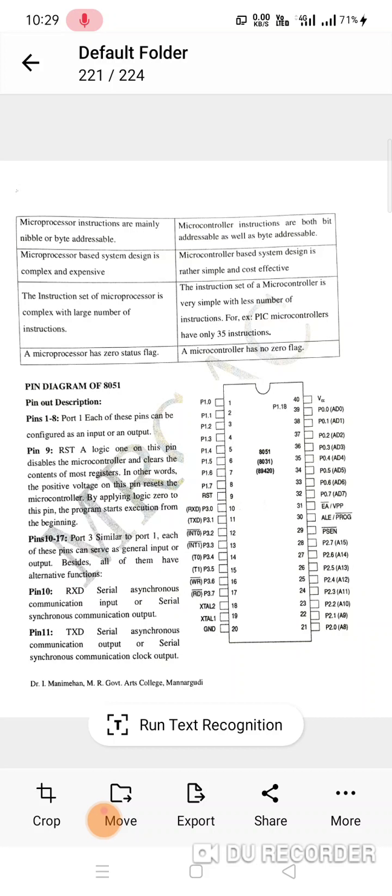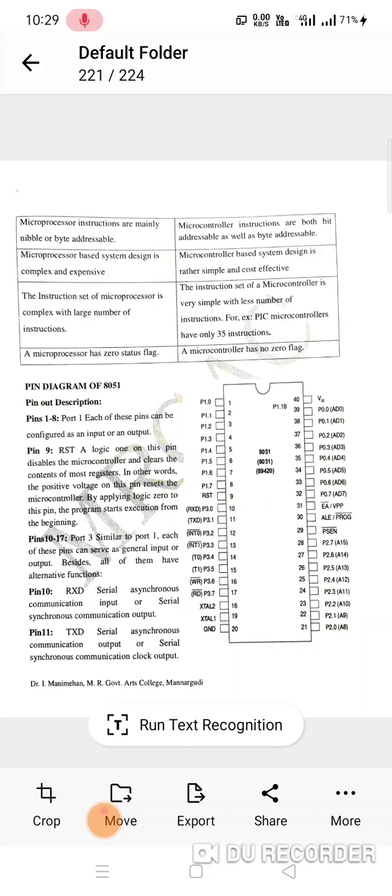Next, pin number 18 is crystal 2, XTAL2, and pin number 19 is XTAL1, and pin number 20 is ground.